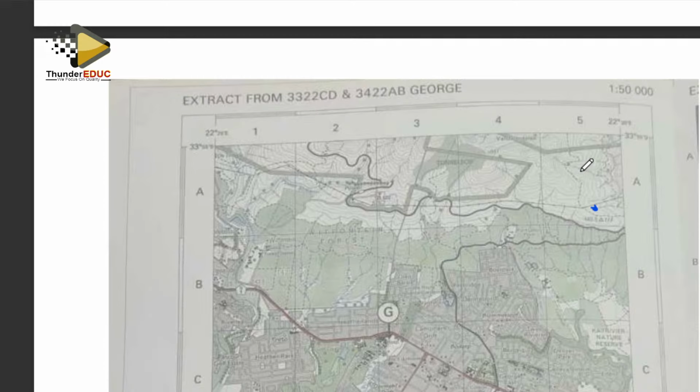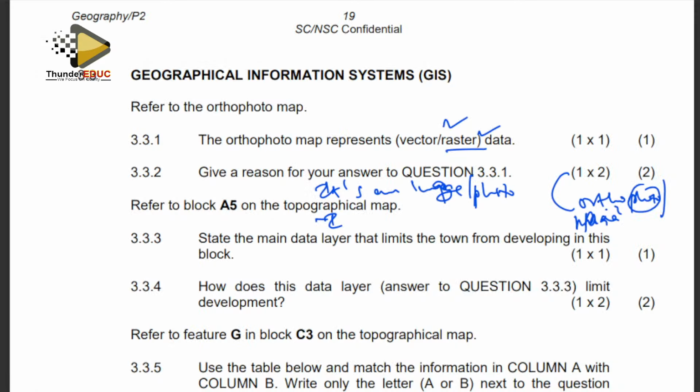When you look at it, this area has contour lines that are close to each other, meaning that it's going to be a steep gradient. Okay, the steep gradient, or you can say the nature of the land or the relief. So here the main data is the relief, which is the general appearance of the land. And in that case, when you look at that land, it is steep.